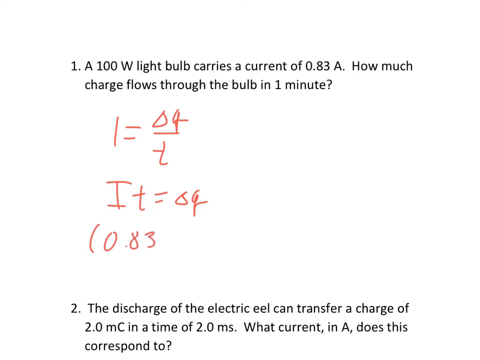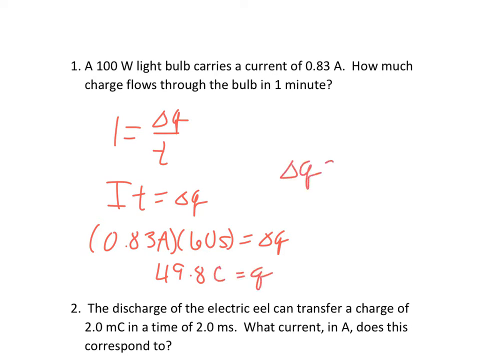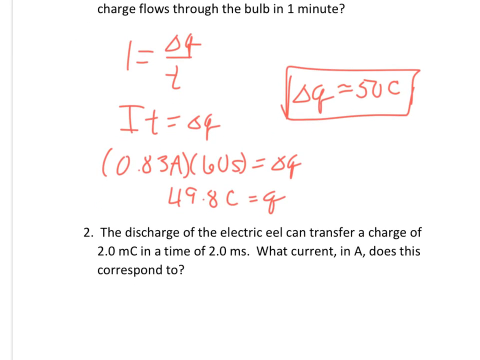Really simple math: 0.83 amps times 1 minute, which is 60 seconds, equals delta Q. So this equals 49.8 coulombs, so delta Q is about 50 coulombs. For the next one, I'm not going to go through the whole thing, but the answer should be, unless I made a mistake, 1 amp.